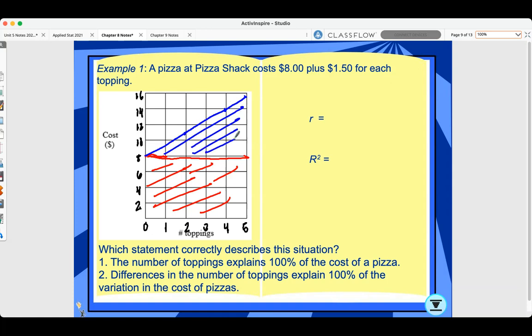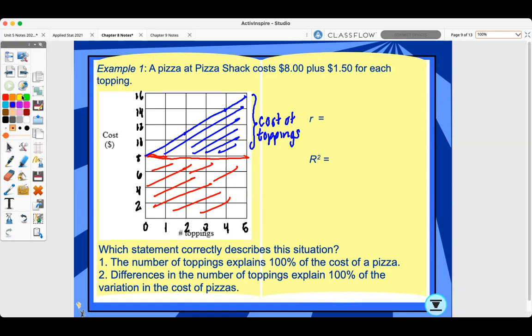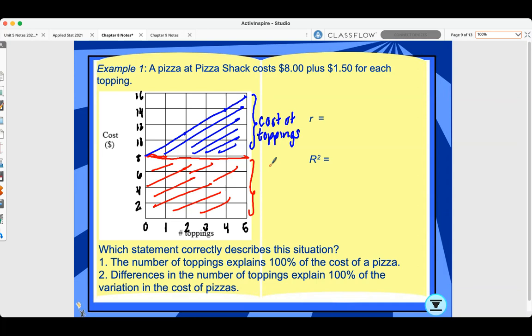This is the total cost of the pizzas. So here in blue, I have the cost of toppings. And here in red was the total cost of just the pizza itself. So that's the cost of crust, cheese, and sauce.